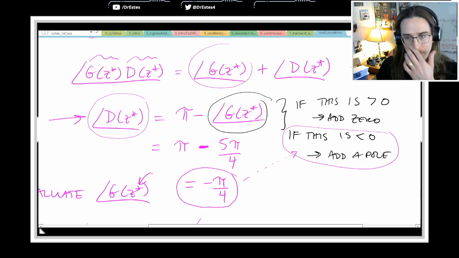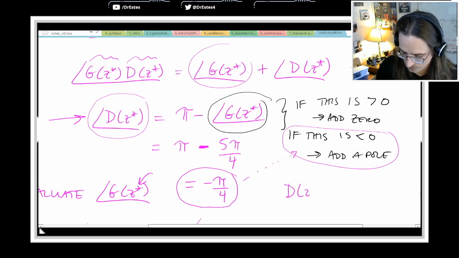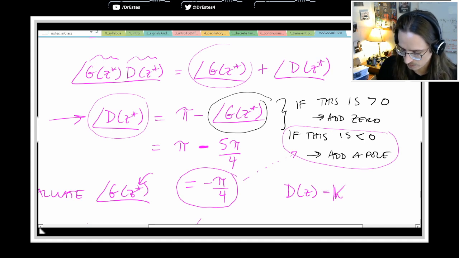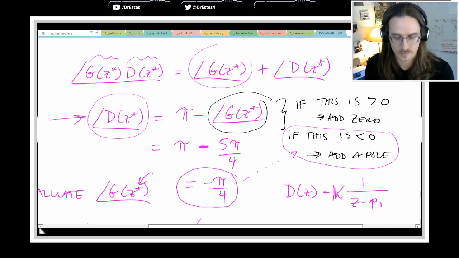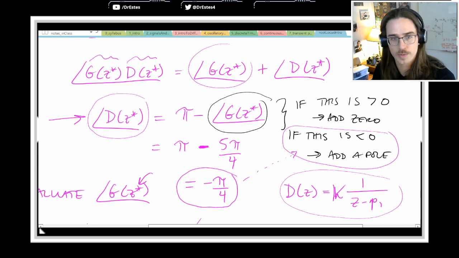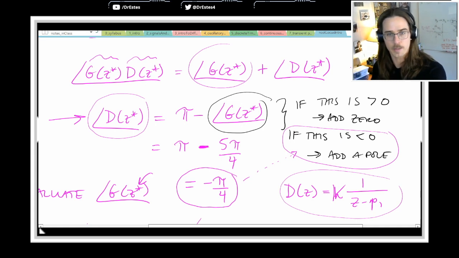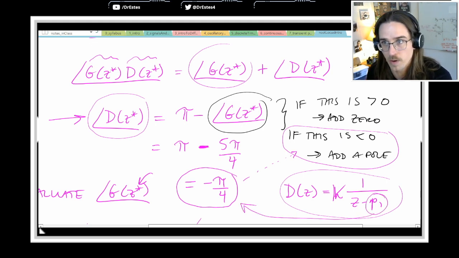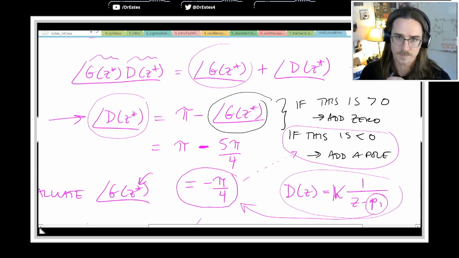So I know that D of z at the minimum, maybe it doesn't have any zeros. So I have just a control gain, and then I have 1 over z minus p1 or something. This controller will contribute a negative angle. It's capable of that. And if I choose p1 to be in the right place, it'll contribute minus pi over 4, and then we'll satisfy the angle criterion.